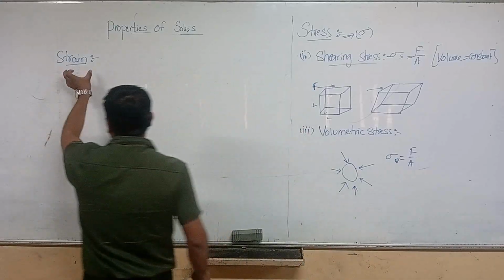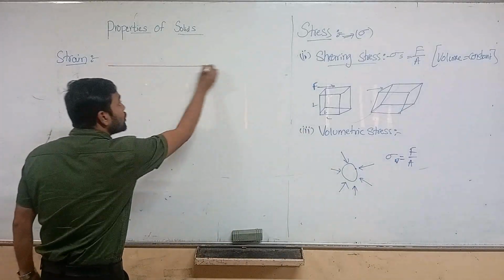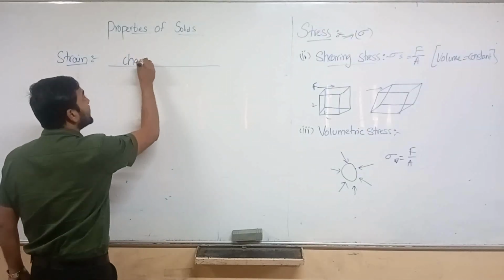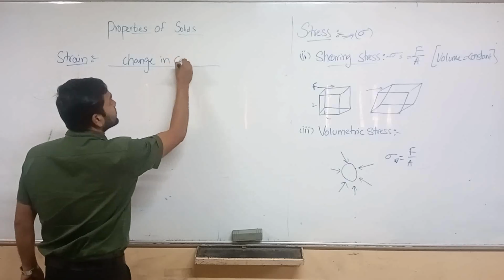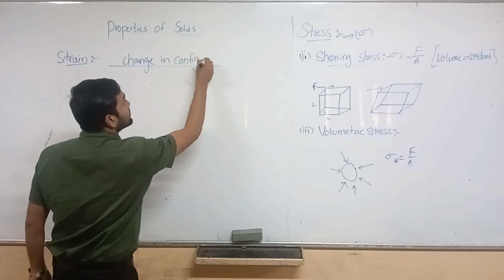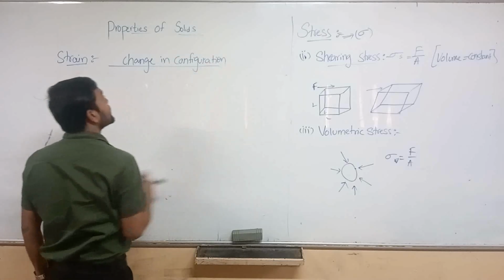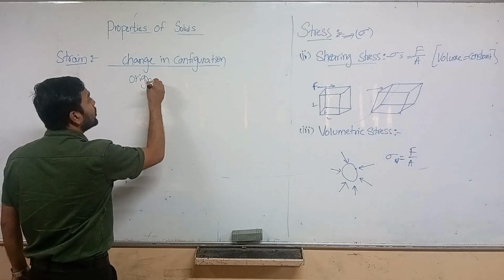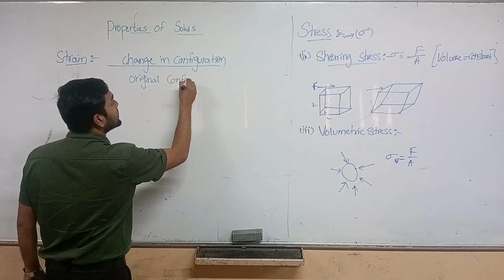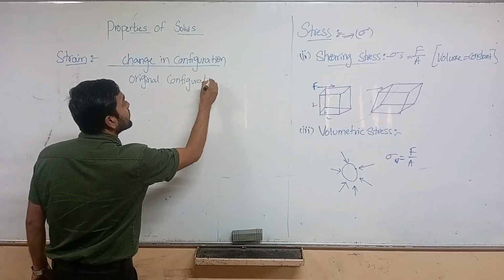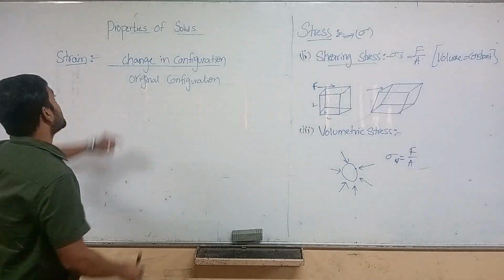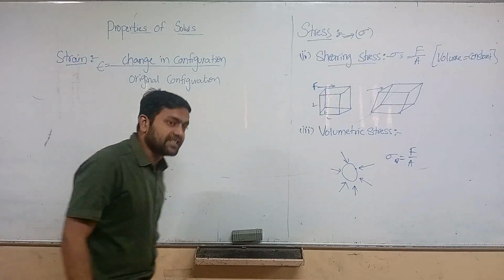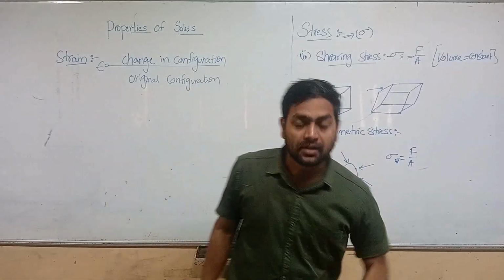So the strain is the ratio of change in configuration to the original configuration. It is represented by E.